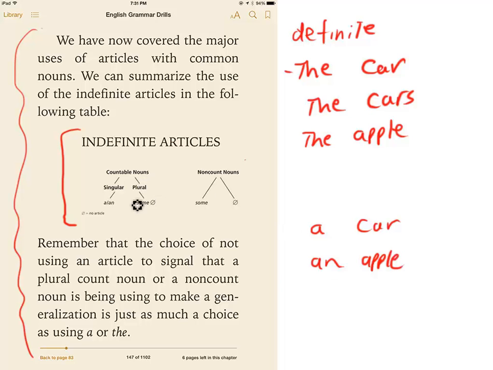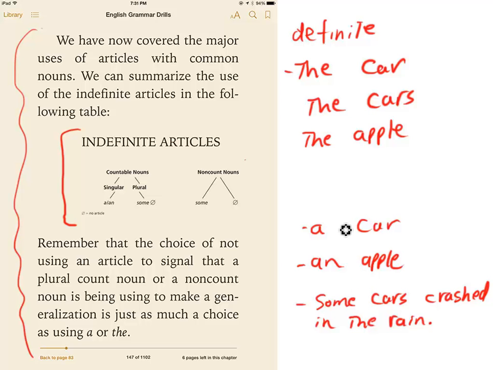Now, for plurals, these are singular, okay? Plurals, you would say some cars. Some cars crashed in the rain. We don't know exactly which cars, we just know that some cars did, okay?